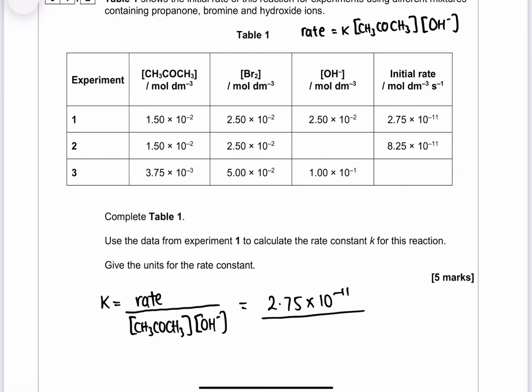Propanone is 1.5 times 10 to the minus 2, and hydroxide is 2.5 times 10 to the minus 2. You can put that on your calculator, and you're getting 7.33 times 10 to the minus 8.